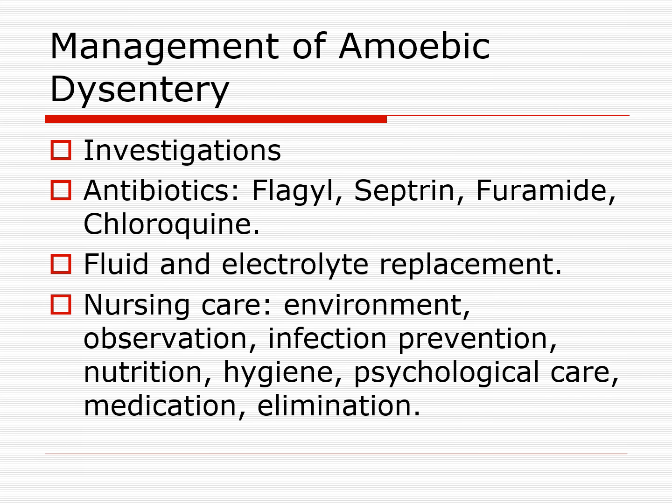So specifically, for the nursing care of patients with amoebic dysentery, the first thing that we're going to do is to look at the environment. We're going to admit the patient in an isolation room away from other patients to prevent the spread of infection to other people.